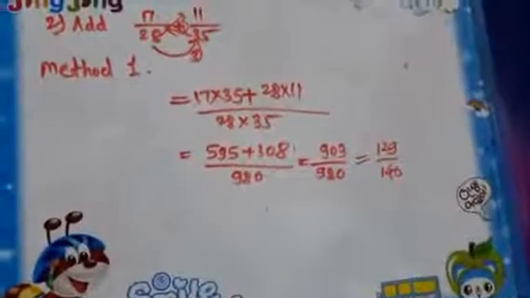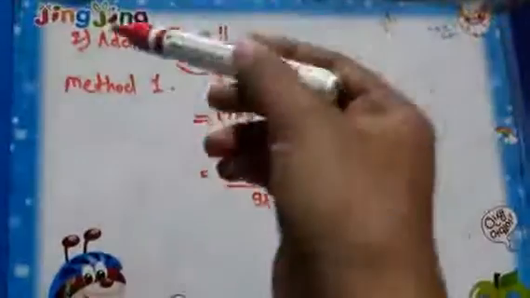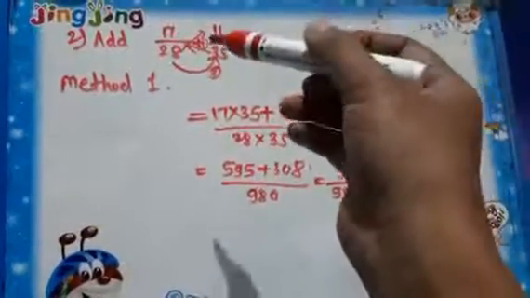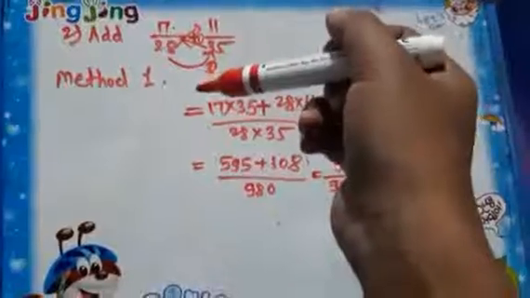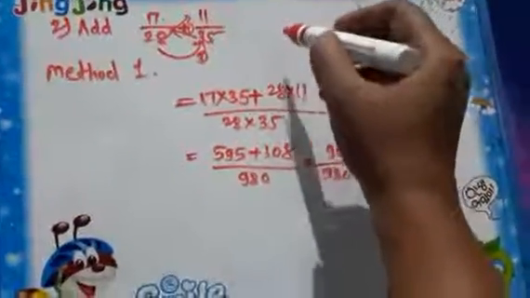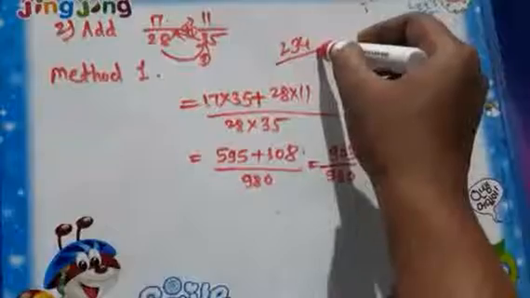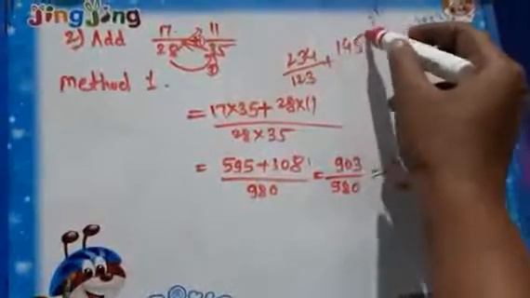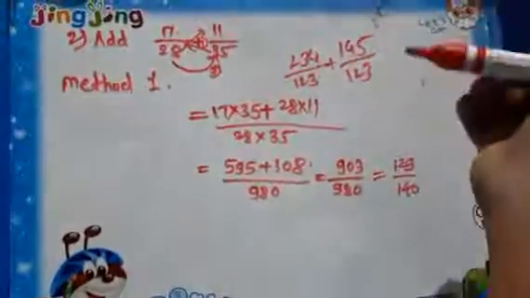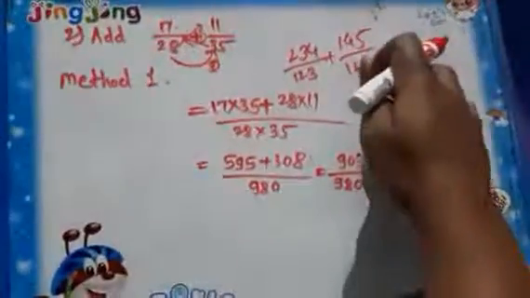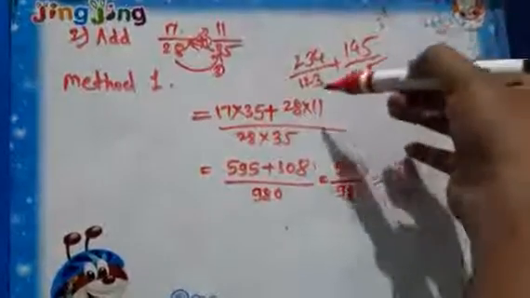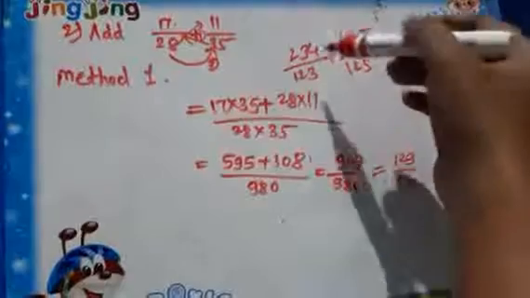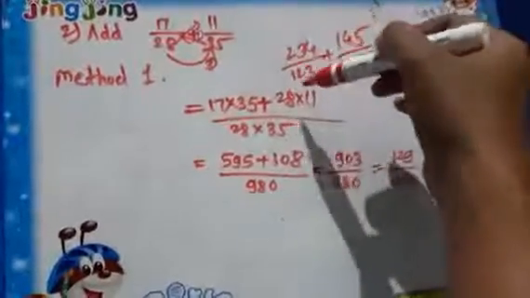So in this way we can calculate the addition of such numerator denominator numbers. Here these numbers are small, they are only 2-digit numbers, but suppose a number like 234 divided by 123 plus 145 divided by 123, like this 3-digit numbers. So when 3-digit or 4-digit numbers come, it will be very difficult to perform these steps of cross multiplication.